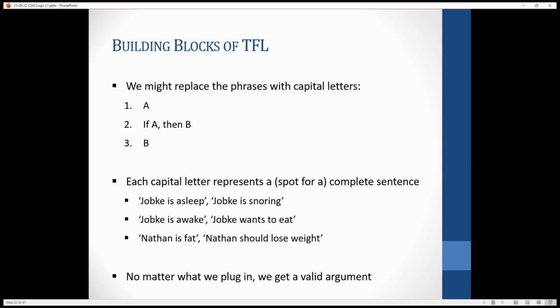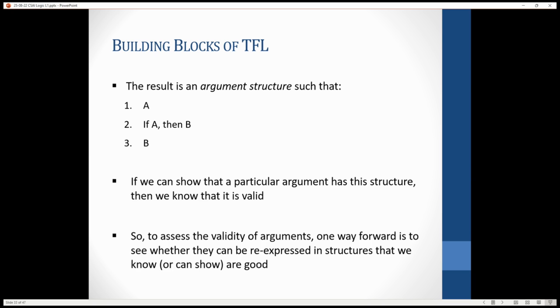Again, do we see the kind of idea here? It doesn't matter what we plug in for A and B, the argument is guaranteed to be valid. In other words, we have a structure, a schema. If we can show that a given natural language argument can be mapped onto this, we already have done the work. We know it's valid.